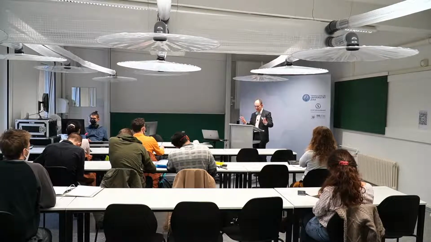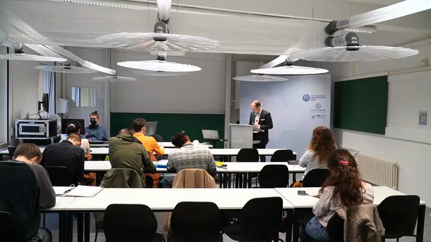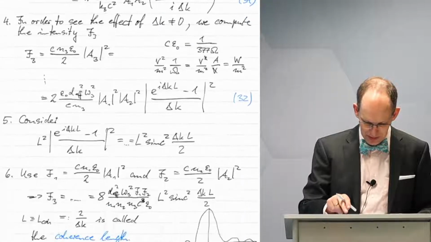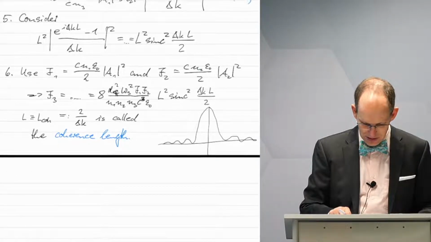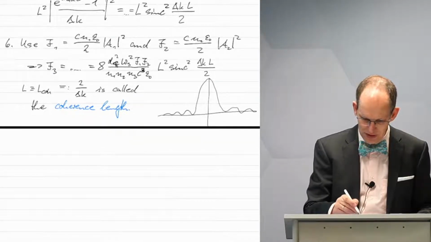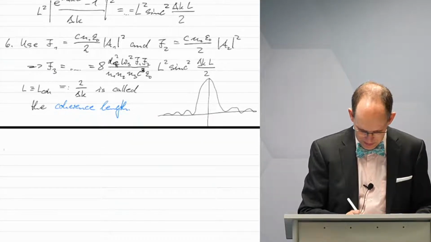So no approximations any longer. And what we'll find is what's called the Manley-Rowe relations. So 3.4, no, 3.5. Chapter 3.5.